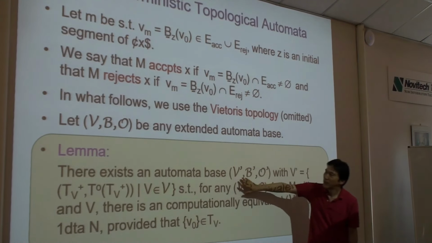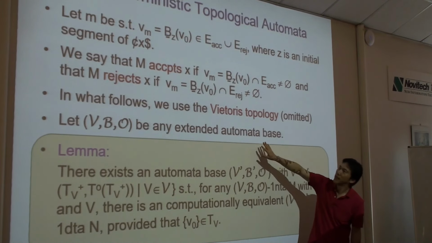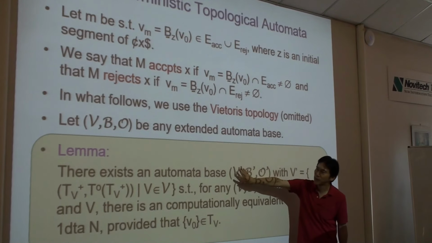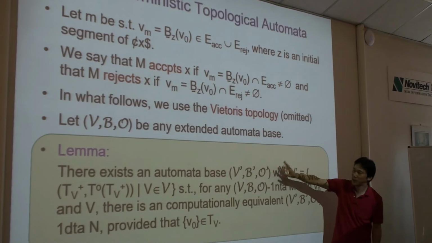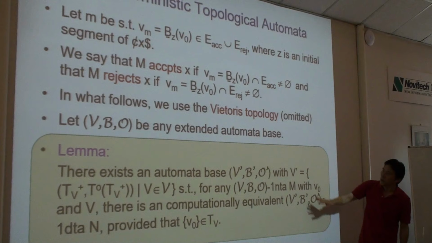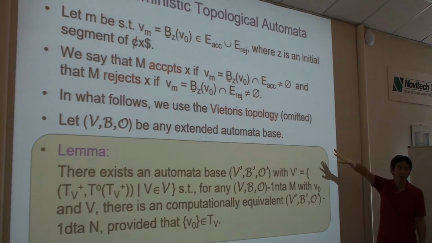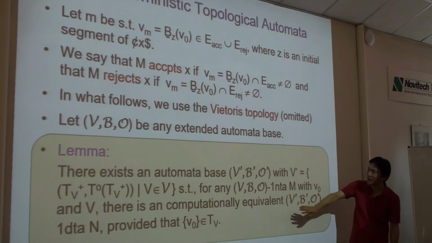So for any extended automata base, we can properly take an automata base. This is a deterministic one with some particular topology called Dietrich's topology. I just omit the definition. This is a little bit complex.